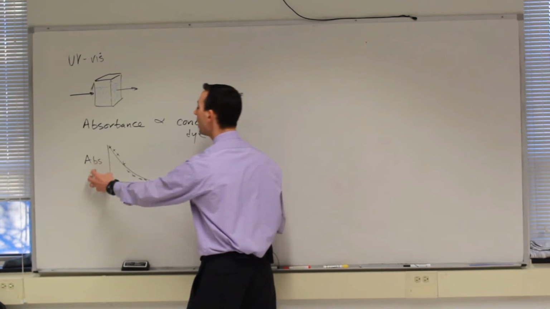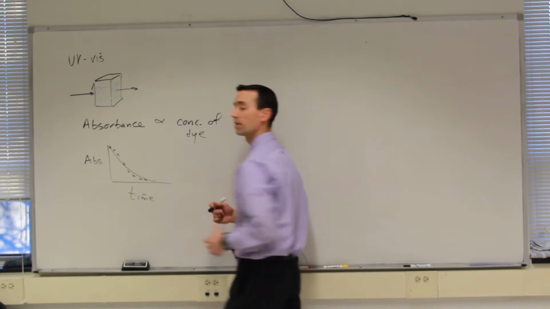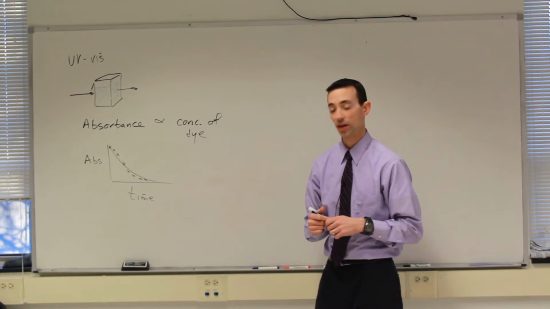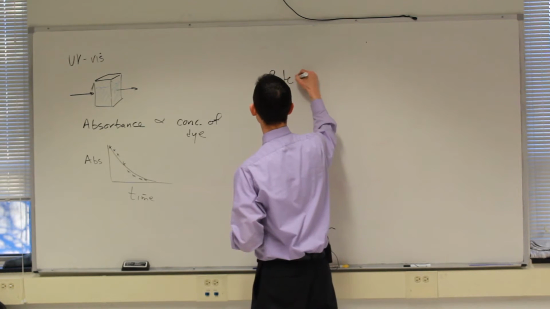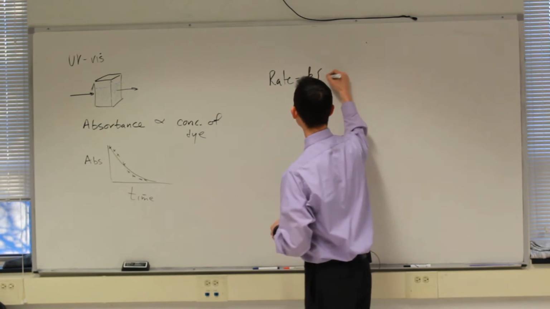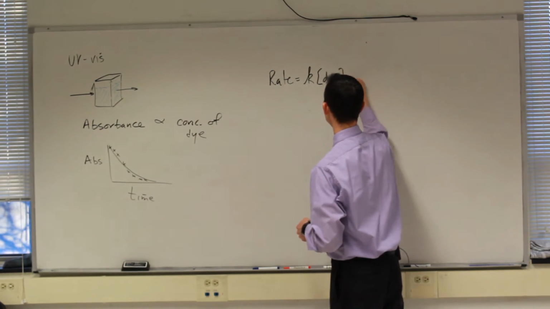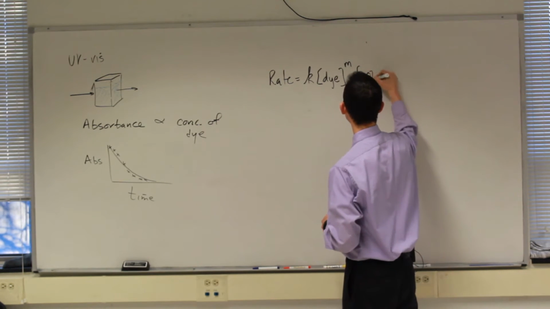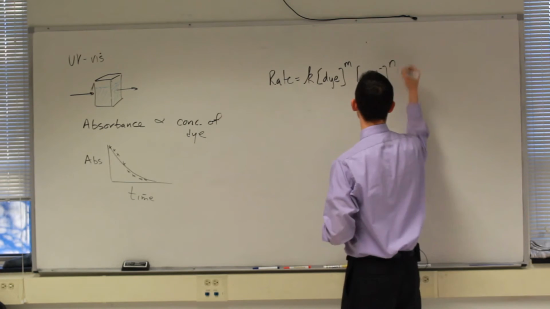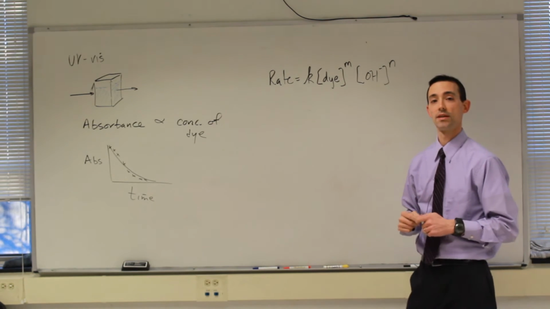The spectrometer is going to only measure the amount of dye that's present, though. And yet our overall rate law is going to depend on not only the dye's concentration and what its order is, but the hydroxide ion concentration and what its order is.